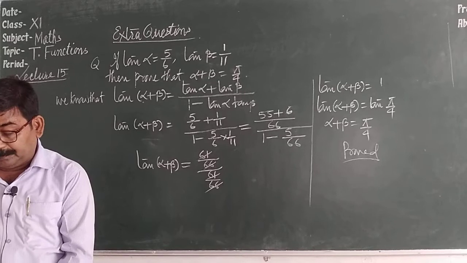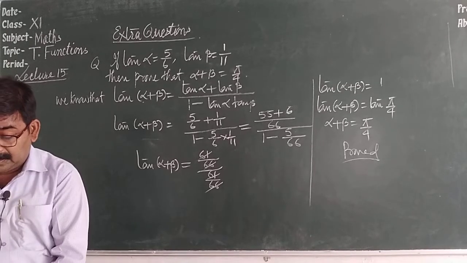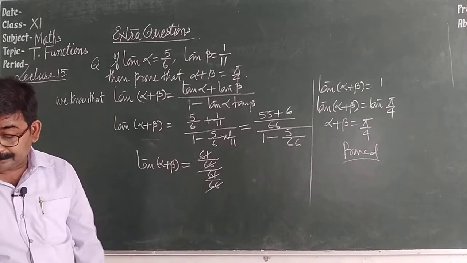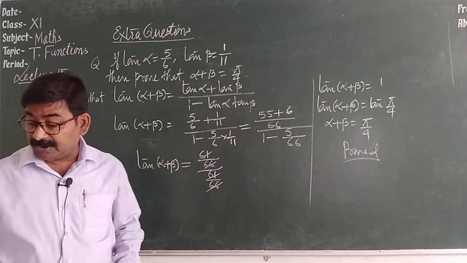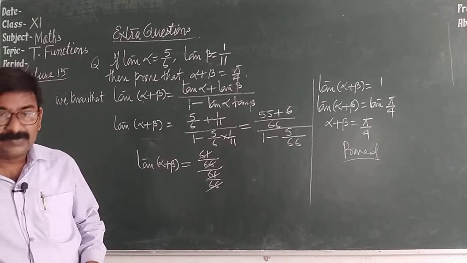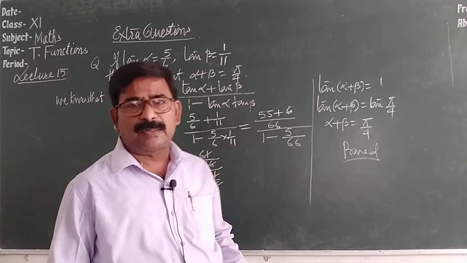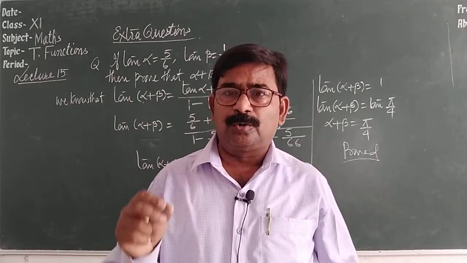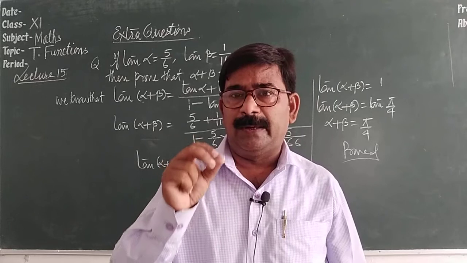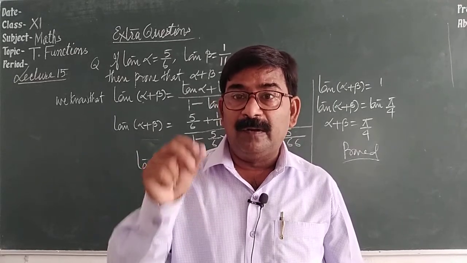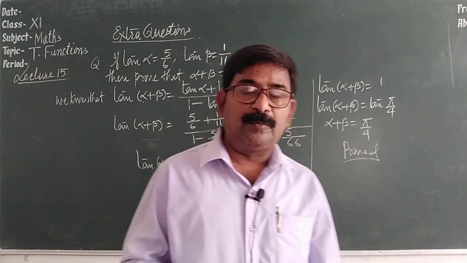Similarly, let's see one more question. Questions are simple. You should go through the question and try to attempt which formula will be applied. Just you have to think over it.